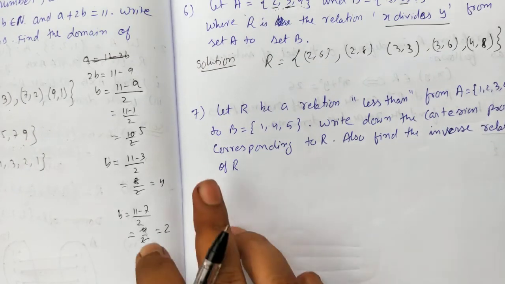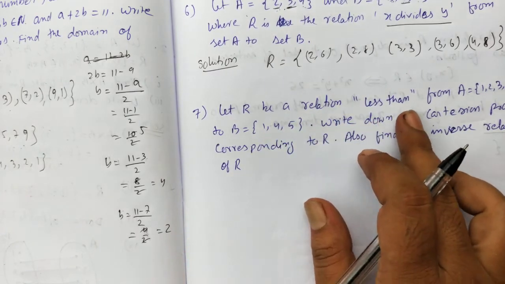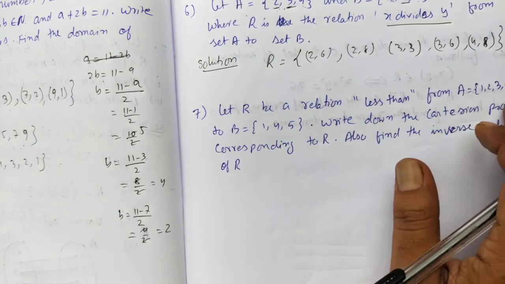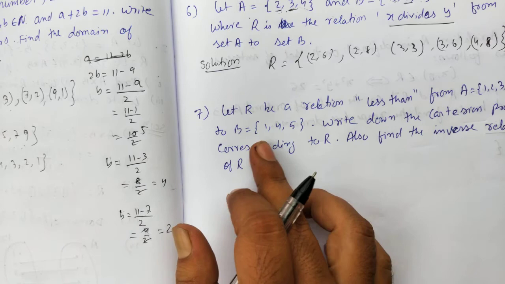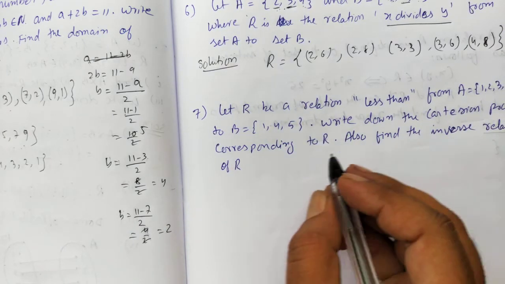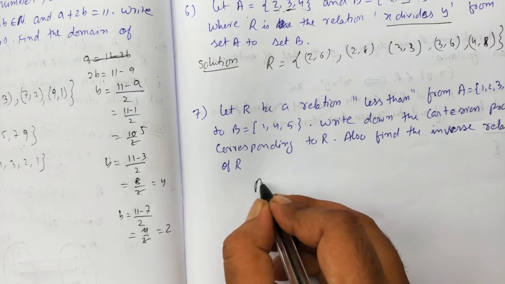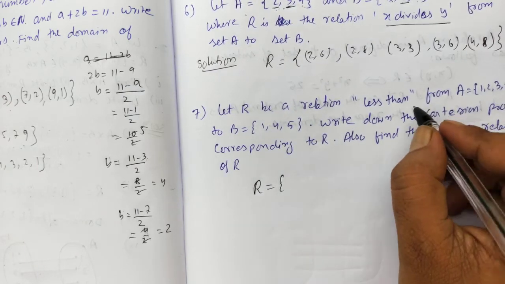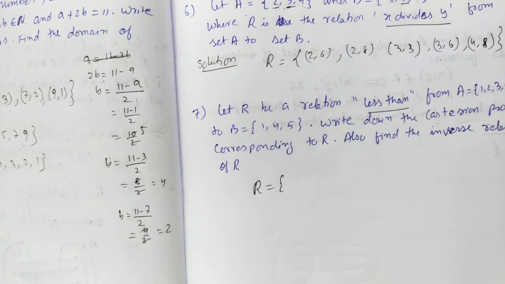Question number 7. Let R be a relation 'less than' from A to B, okay. Write down the Cartesian product corresponding to R. So we're going to find R only. They're saying less than.